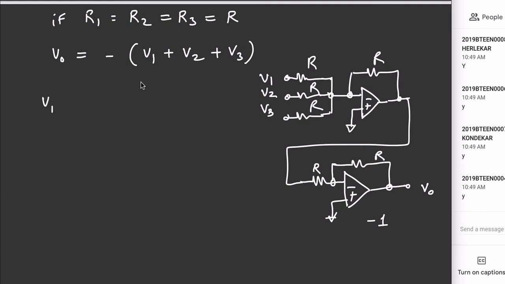Suppose V1 is DC voltage 5 volt and V2 is a 1 kilohertz sine wave, 1 volt peak, and V3 is equal to 0. Then draw the VO.